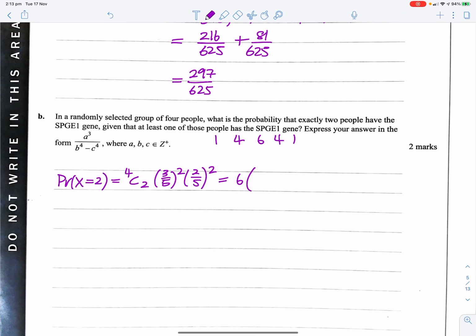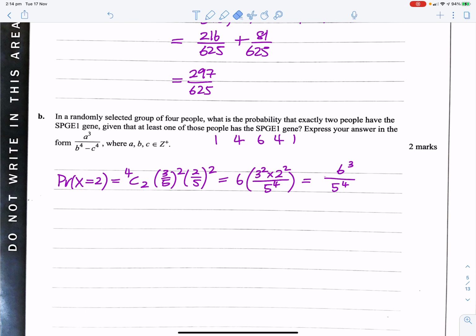I get 6 times 3 squared times 2 squared on 5 to the power of 4. Which we know, 6 is the same as 3 times 2, so we could have 3 cubed times 2 cubed over 5 to the 4. Don't know if we need to use that, but let's see. Oh, that's the same as 6 cubed.